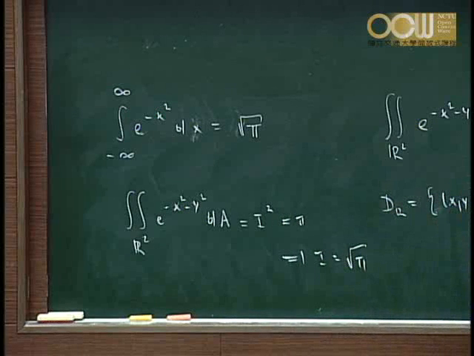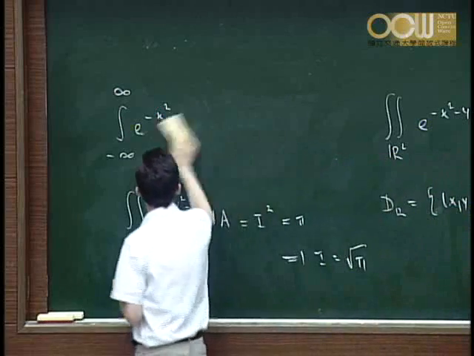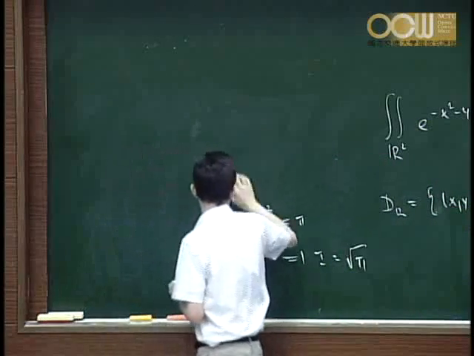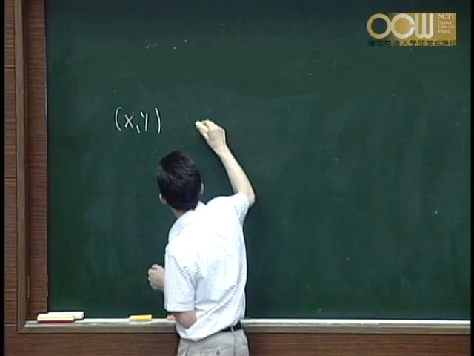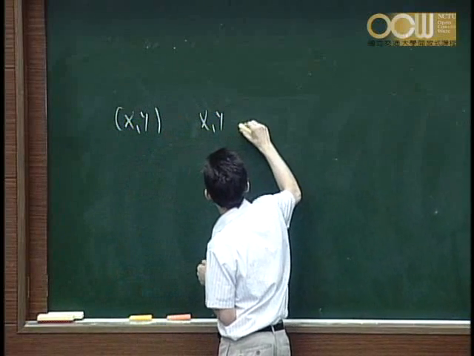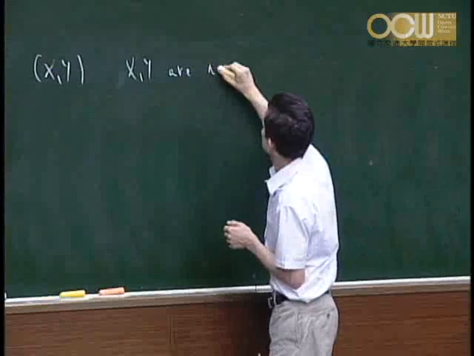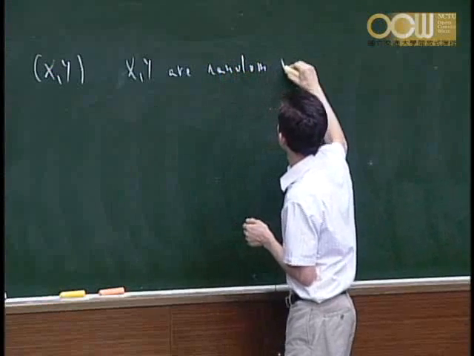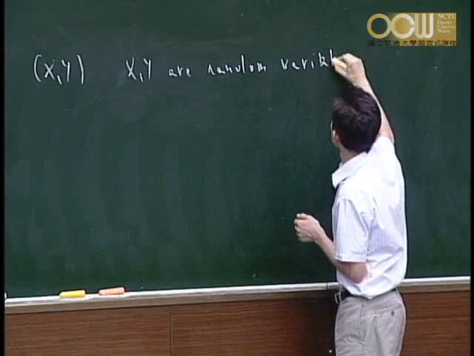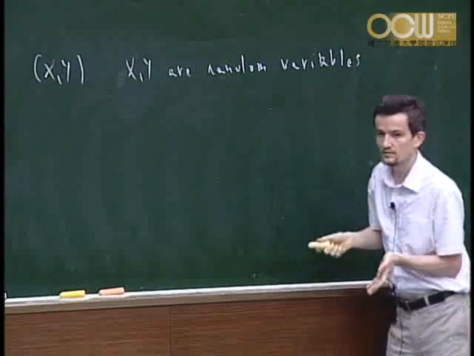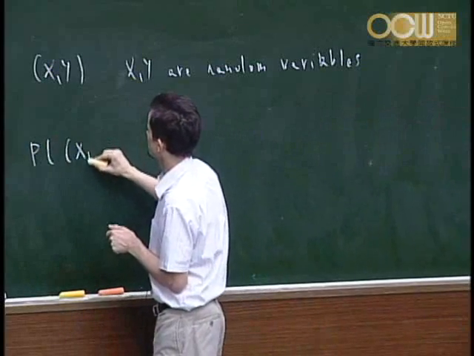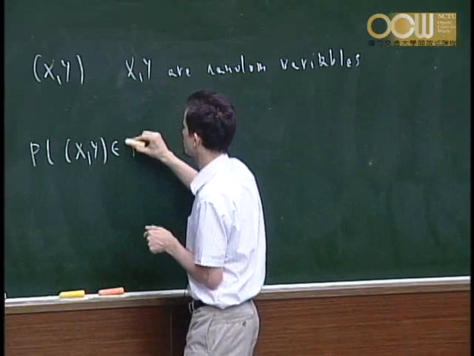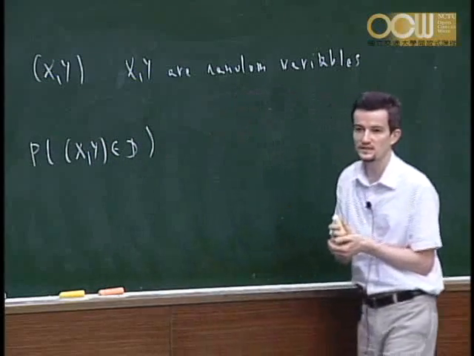In particular, what is important is so-called random vectors. Here x and y are both what we call in probability theory random variables. So the outcome is random, and what you want to do is predict the probability that the outcome of this random vector is in some plane region D.